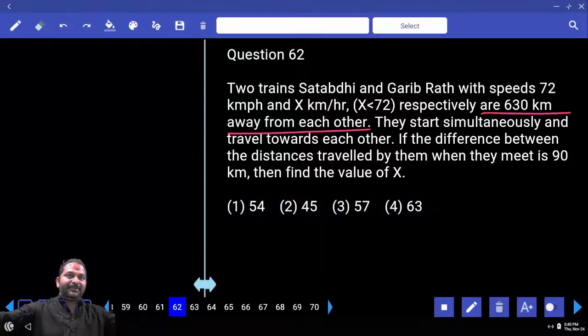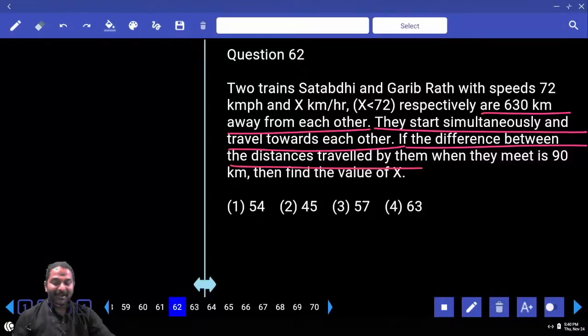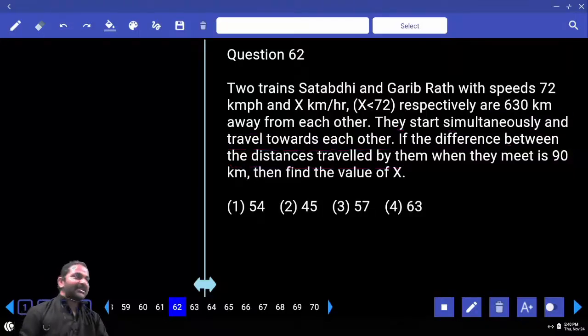That means distance between both the trains is 630. They start simultaneously and travel towards each other. If the difference between the distances traveled by them when they meet is 90 kilometers, then find the value of x. See in what direction they are moving? Opposite direction. Towards each other.